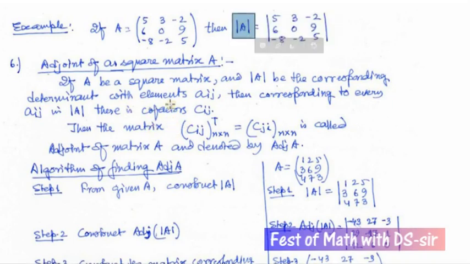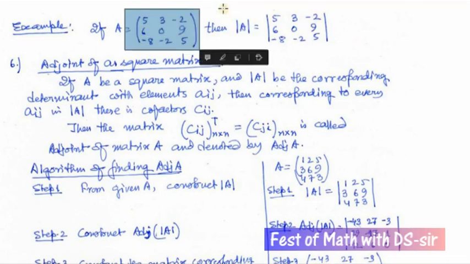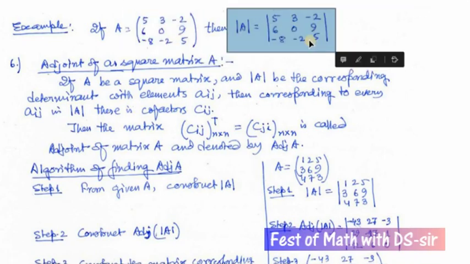So you can construct the adjoint of this determinant, and corresponding to the adjoint of this determinant you can find a matrix. So corresponding to every square matrix there is a determinant, and corresponding to every determinant there is a matrix also.